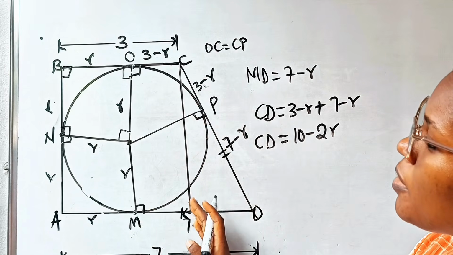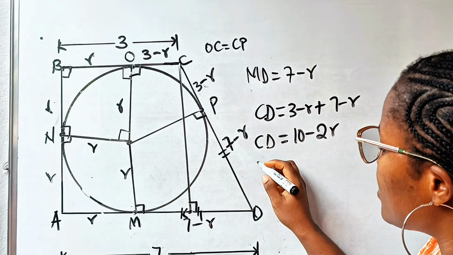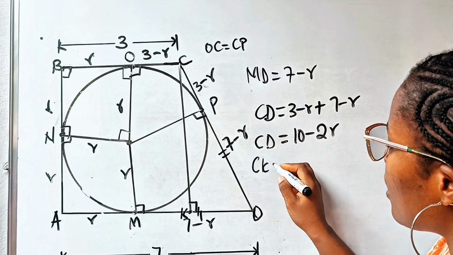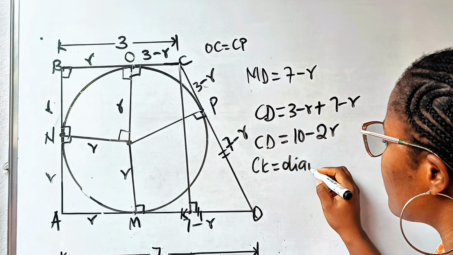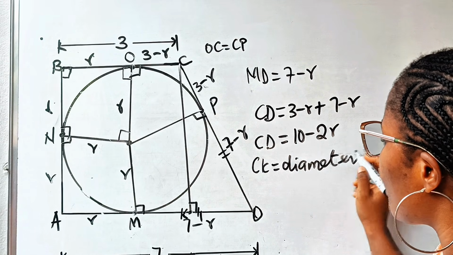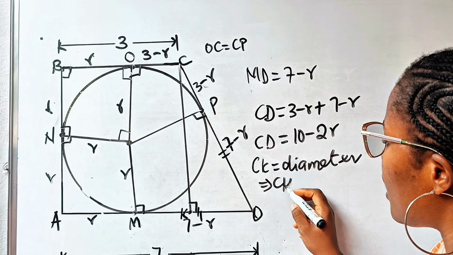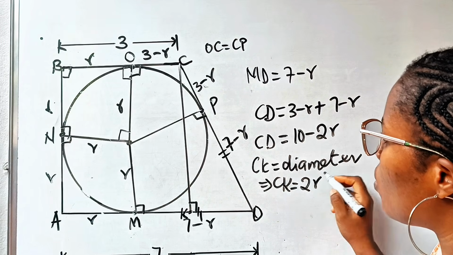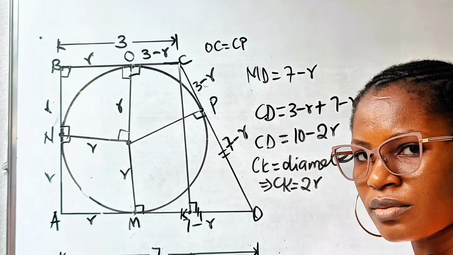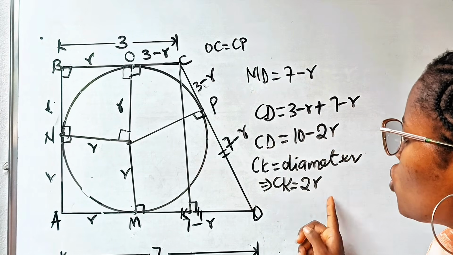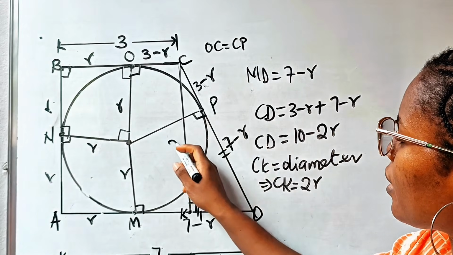Yes, it is the diameter of this circle. So CK is the diameter. So this implies that CK should be equal to 2 multiplied by R, right? It should be equal to 2R. So we have 2R here.